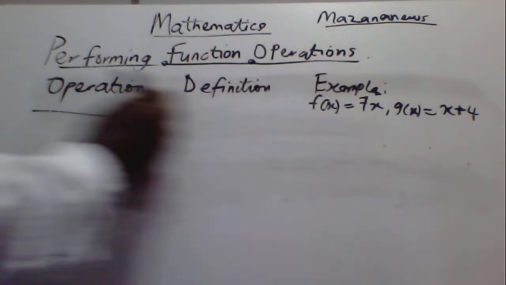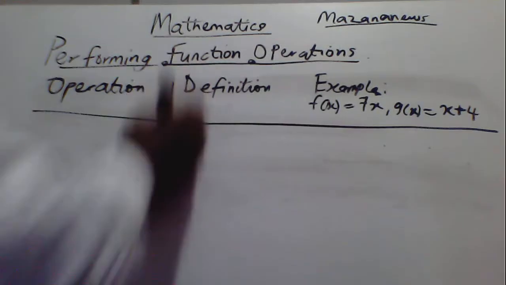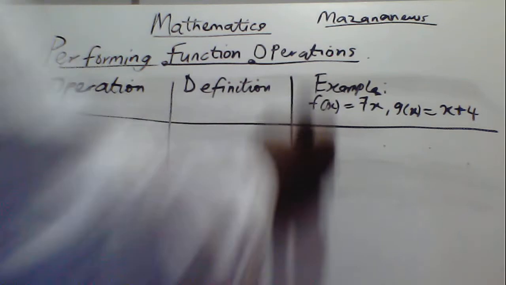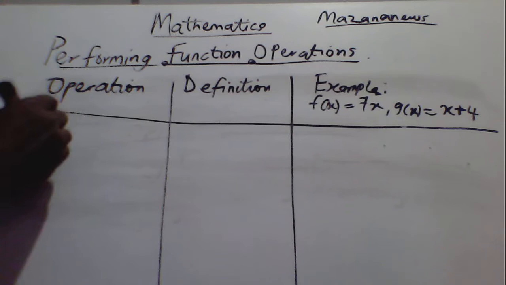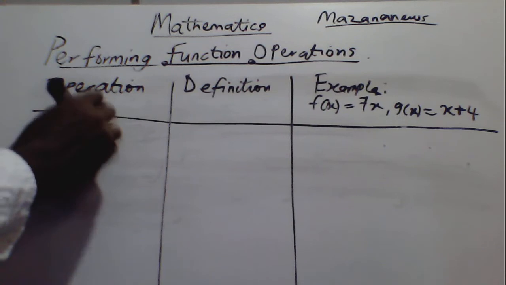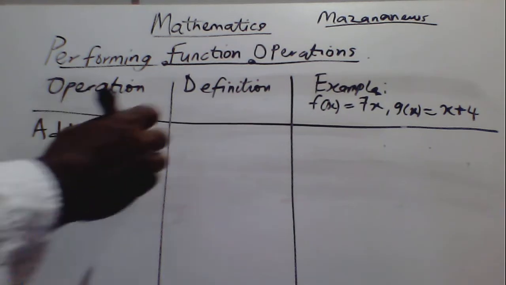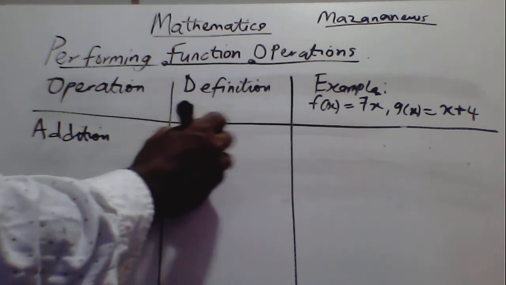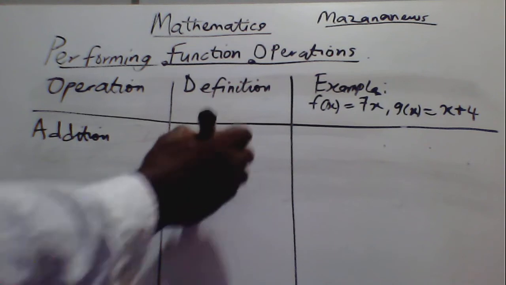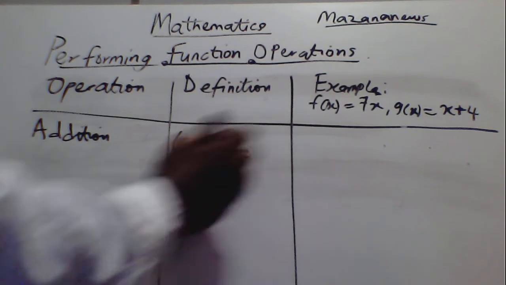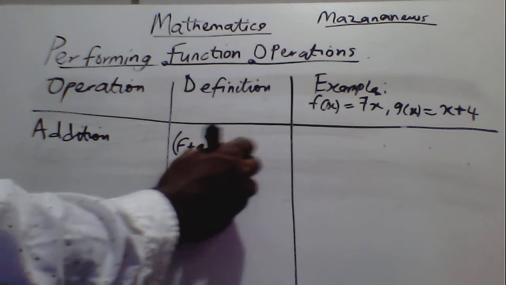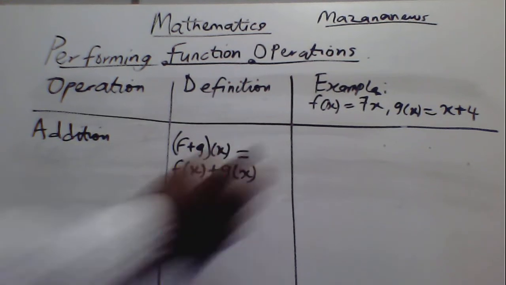So let's create a table of values and see how we can create a new function using two already existing functions. So the first is addition. If you add f plus g, both of which are functions of x, this will give us f of x plus g of x.